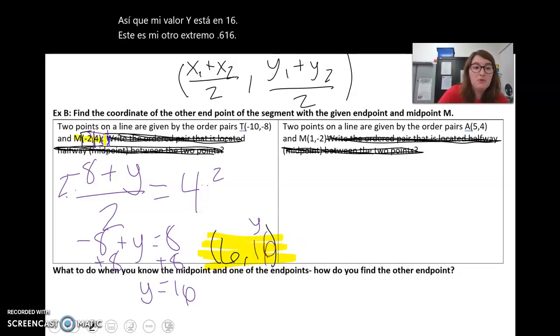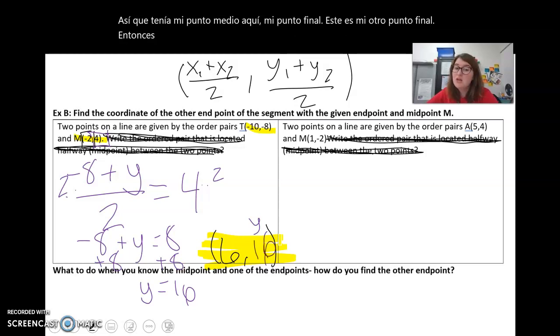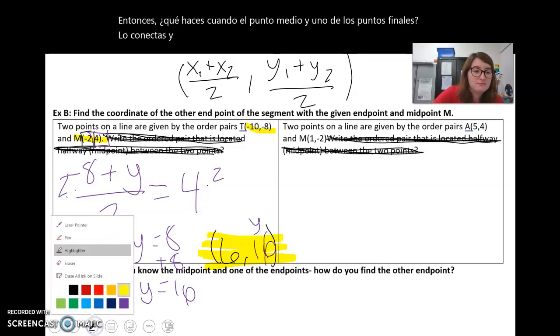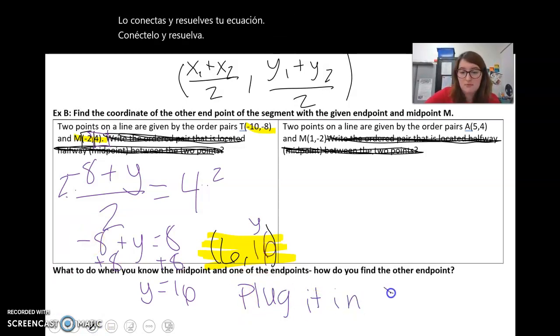So I had my midpoint here, my endpoint, and this is my other endpoint. So what do you do when you know the midpoint and one of the endpoints? You plug it in and you solve your equation. You find the other point by plugging it in and solving.